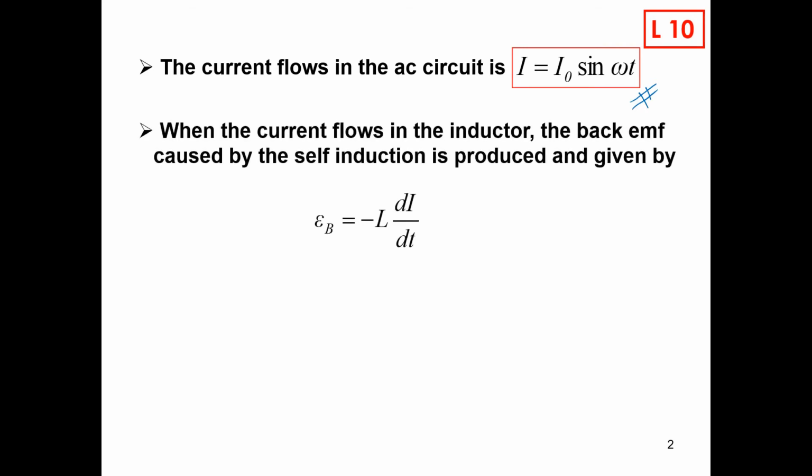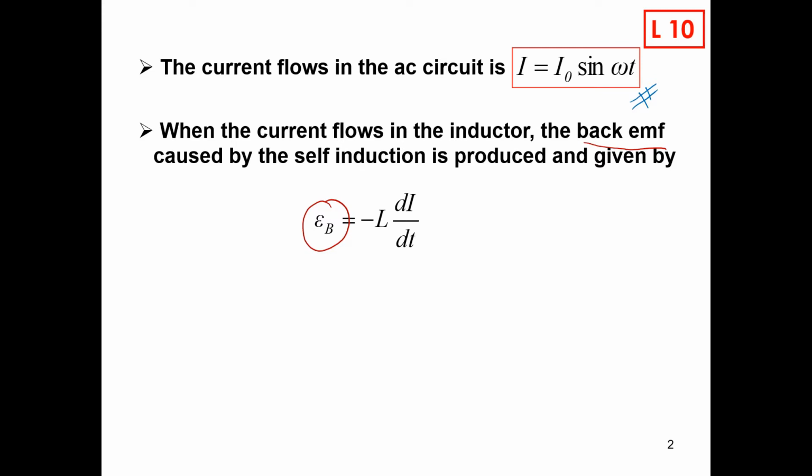Next, when the current flows in the inductor, a back EMF caused by self-induction is produced. The back EMF, denoted by epsilon B, or induced EMF, is equal to negative L di over dt.